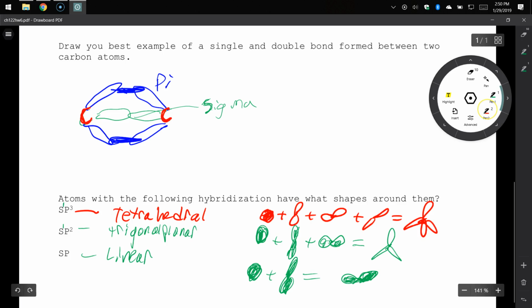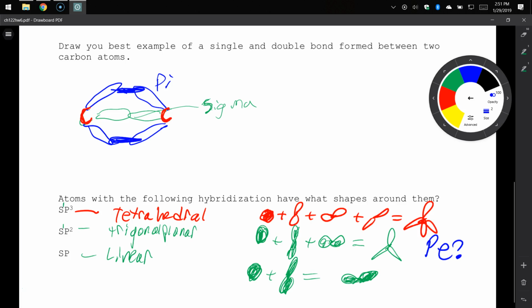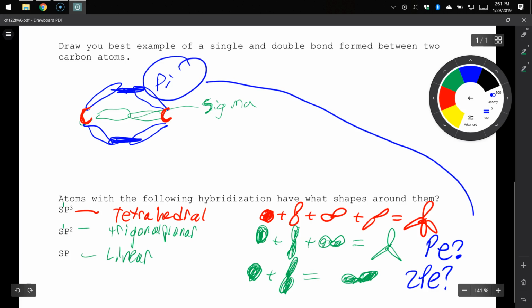Where's the other electron? Where's the p electron from this sp2? And where are the 2 p electrons from the sp? They're off making pi bonds.